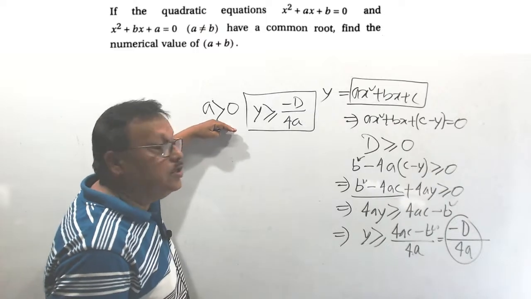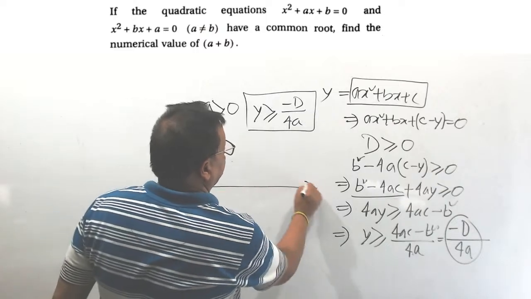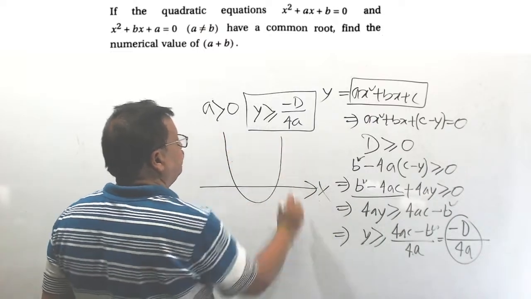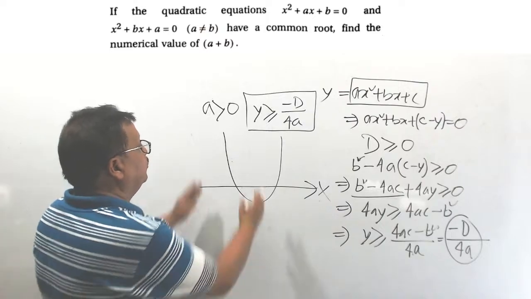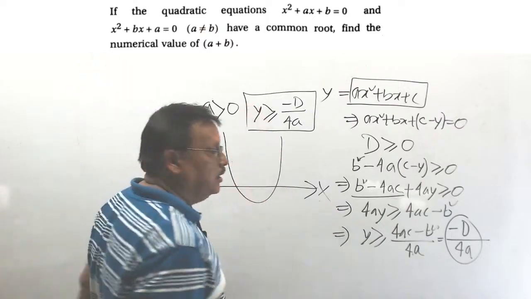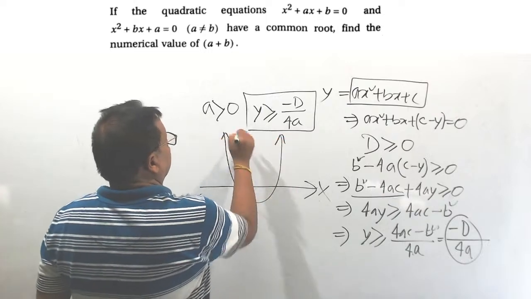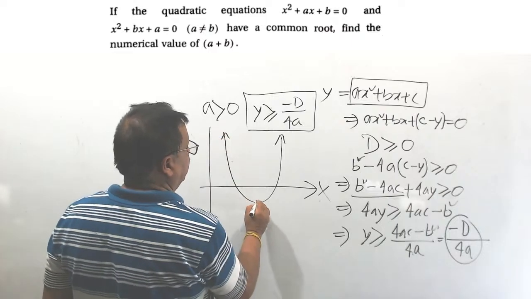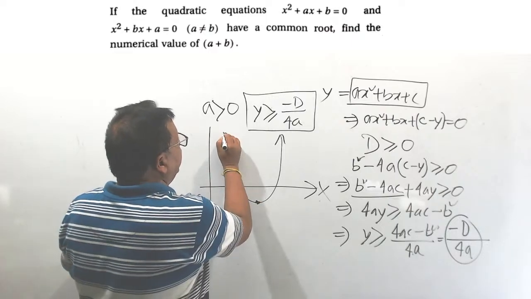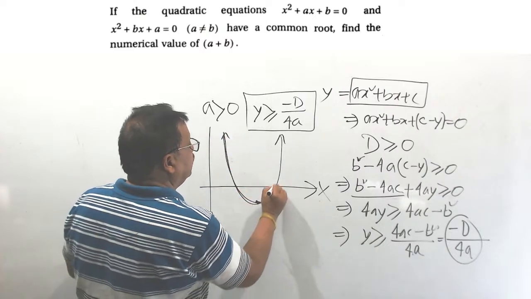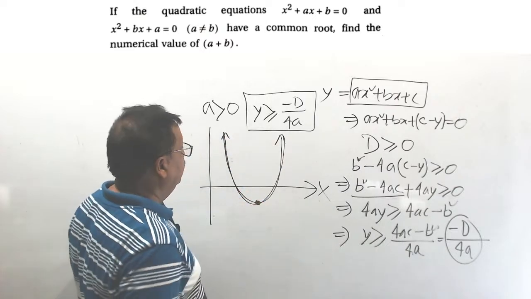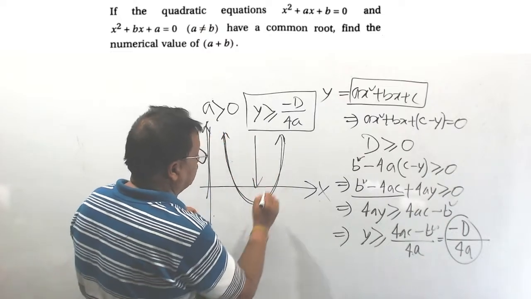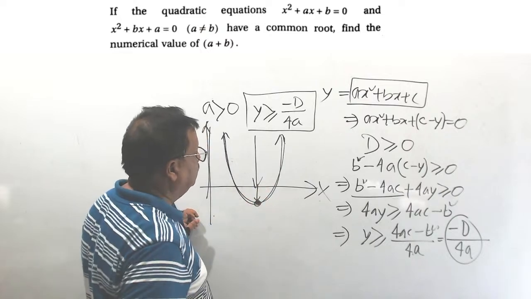When a is greater than 0, if you consider this as the x-axis, the curve will be like this, upwards. Okay. And this is the point of y. That means it will come down to this point along y, downwards.